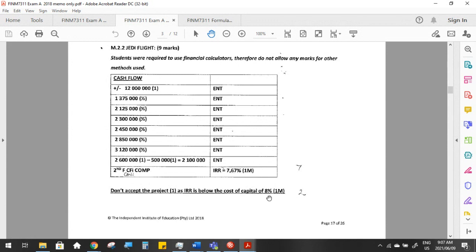So no, we're not going to accept that project. Okay. So you can see here how the marks have been allocated, and you can also see that the marks are allocated exactly as they've asked you the question. So even if you got your answer right, if you don't present all parts of the answer as they've asked them, then you stand to lose out on marks.